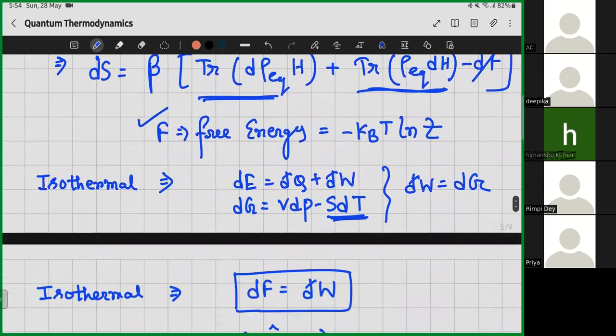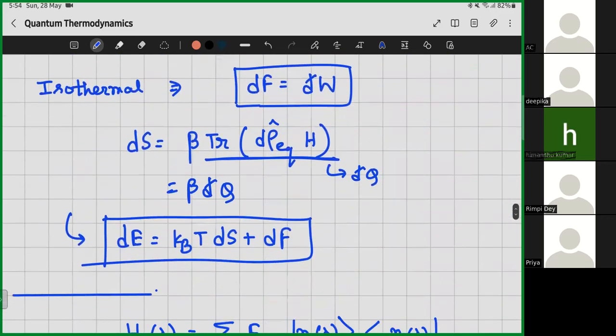In the expression of S, going to the earlier equation, there is a beta. It is already consumed in the expression of S. In S there is also beta, so in S there will be kB. I think this kB will be absorbed into dS, then it will be consistent.